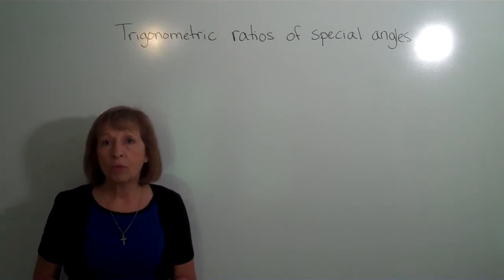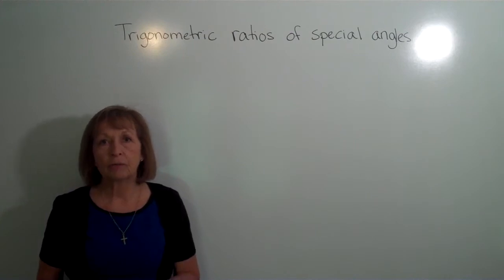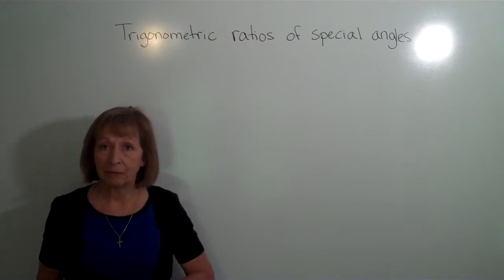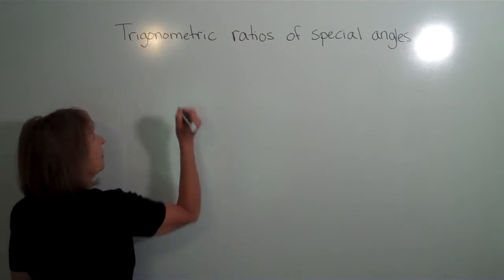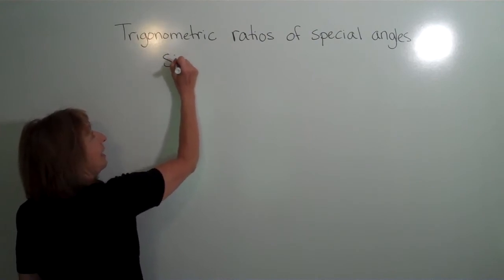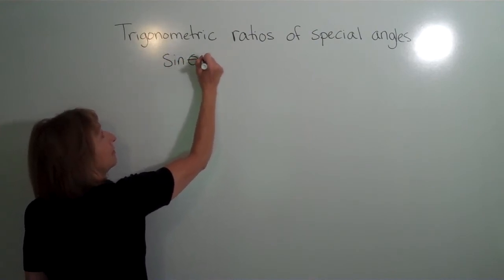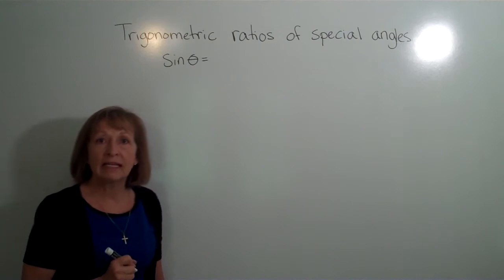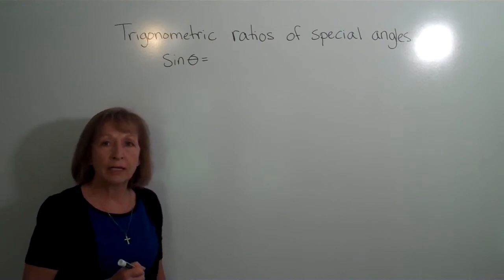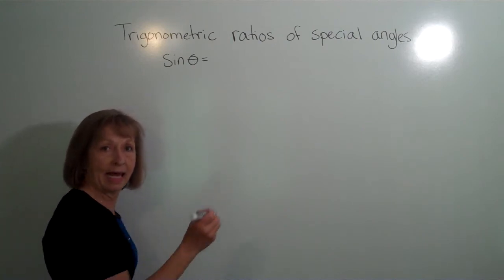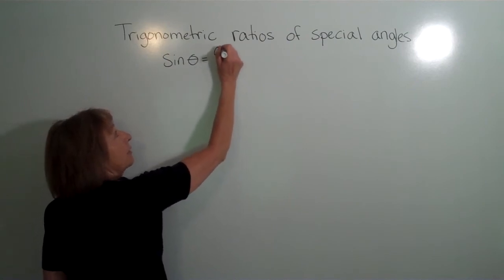Now let's recall what our trig ratios in right triangle trig are defined to be. Remember that the sine of an angle theta in a right triangle is the ratio of the opposite side divided by the hypotenuse.